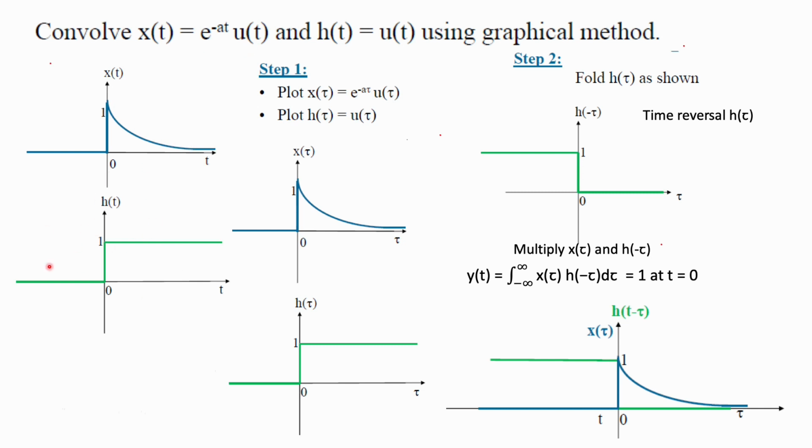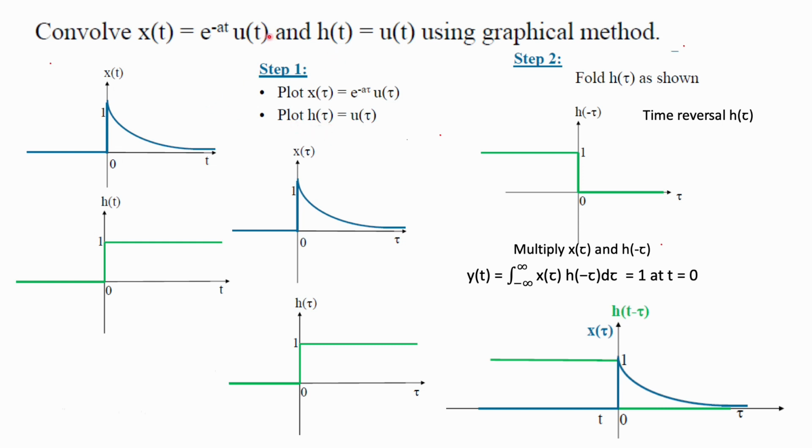Now you take the second signal, h of t is u of t. So draw the unit step signal. So this is for the given mathematical representation. First we draw the graphical representation for the given signal. Now we can see step 1. Step 1 is nothing but replace t in the given signal by tau, or plot x of tau, plot h of tau.